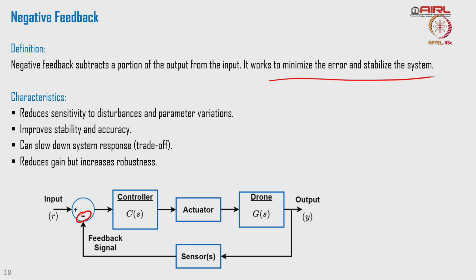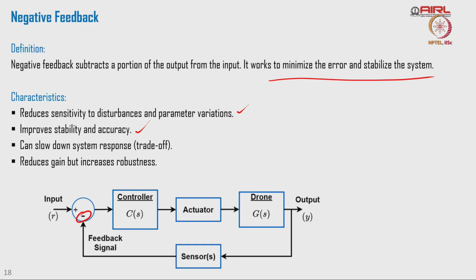Okay. So, it reduces sensitivity to disturbances and parameter variations; any change in parameters, negative feedback can handle. It improves stability and accuracy. It can sometimes slow down the system response, which will be covered in the transient analysis lecture, but it reduces gain and increases robustness.